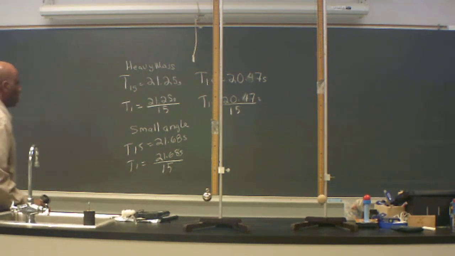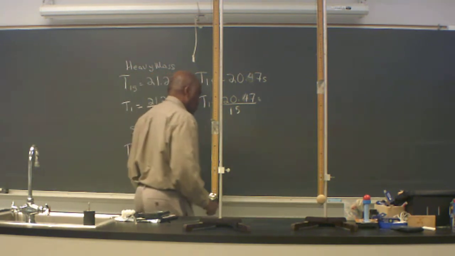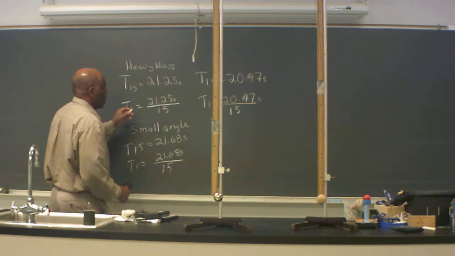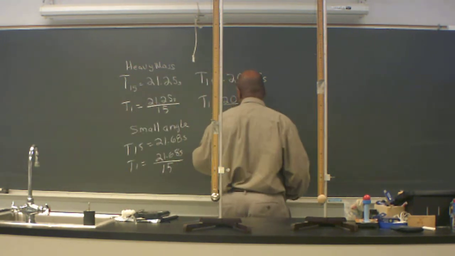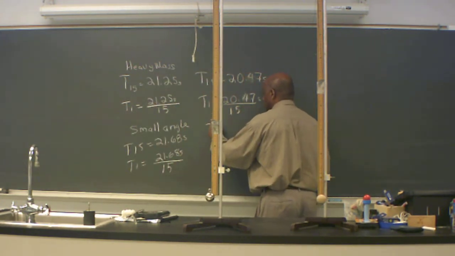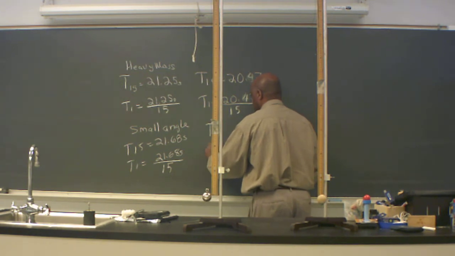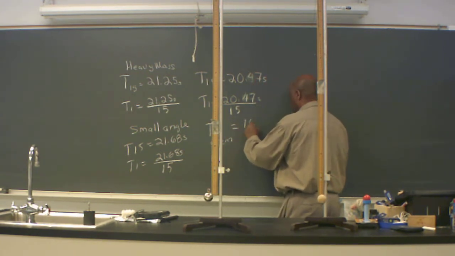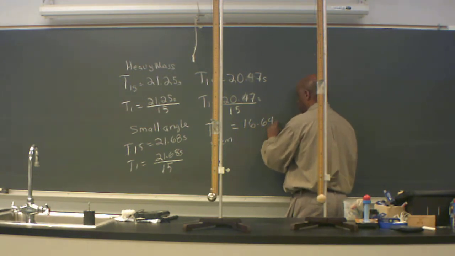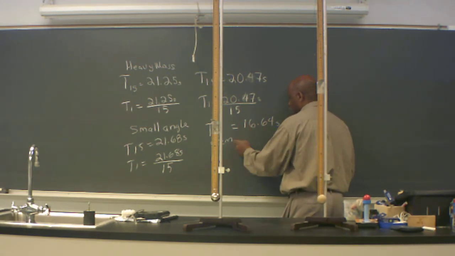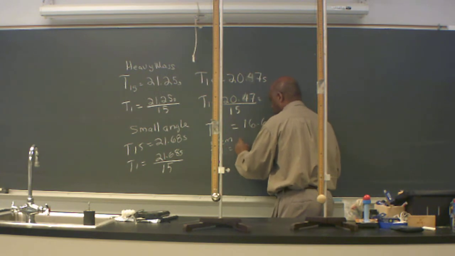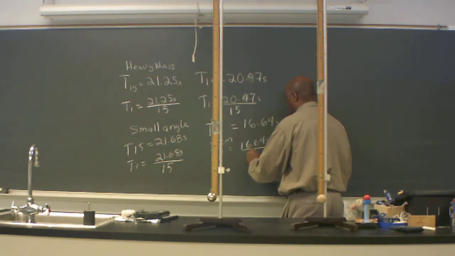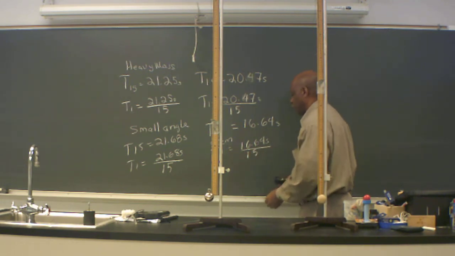So this was at 50, I'm sorry, this was at 30. And the large mass at 30 is 16.64 seconds. You can find the T1 by taking that 16.64 divided by 15, since that's 15 swings.